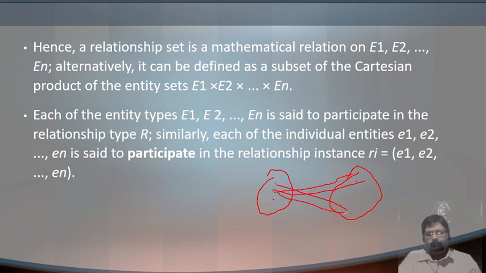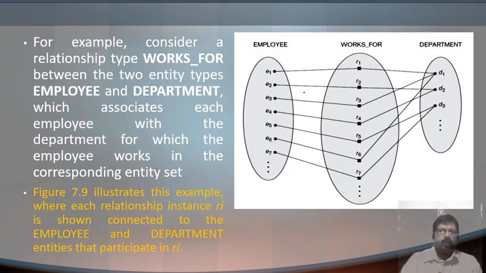That is called a Cartesian product, meaning each entity can associate with another. And each of the entity types E1, E2 up to En is said to be participating in relationship type R. Similarly, each of the individual entities E1, E2 up to En is said to participate in relationship instance Ri equal to E1, E2, En. The same thing you can see here.